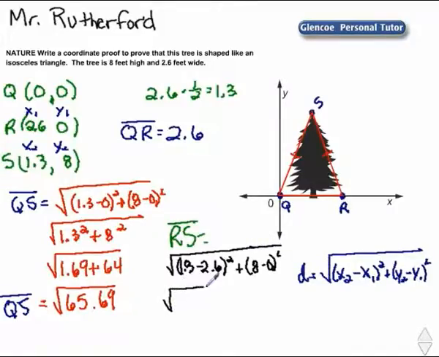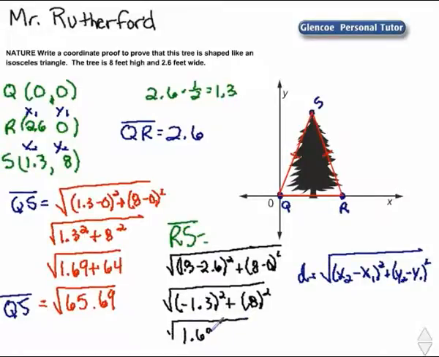So here we'll have 1.3 minus 2.6 is negative 1.3 squared plus 8 minus 0 is 8, so we have 8 squared. Now negative 1.3 squared will be positive 1.69 plus 8 squared, which is 64. So this again is equal to the square root of 65.69.